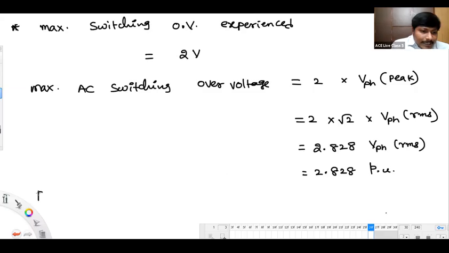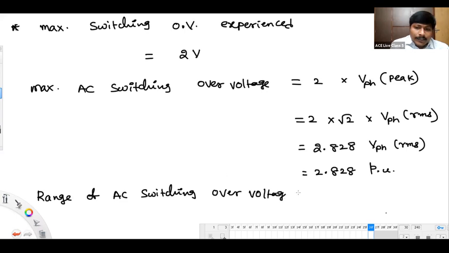So the range of AC switching overvoltage will be 2.5 to 3.5 per unit. That's the range.